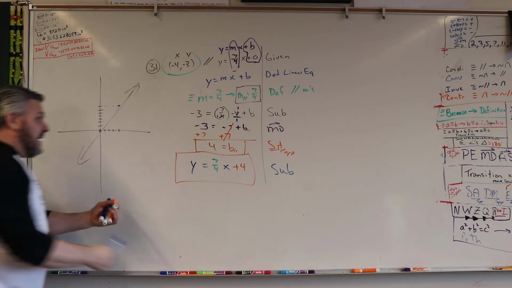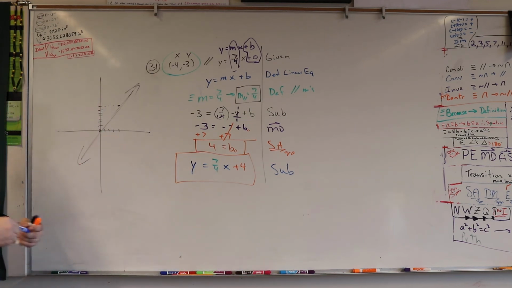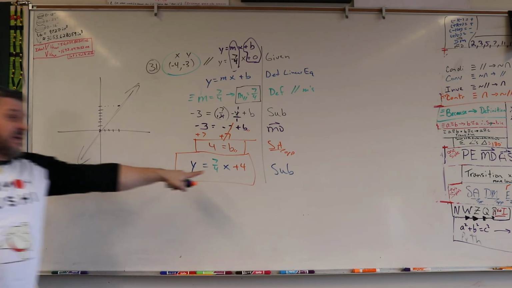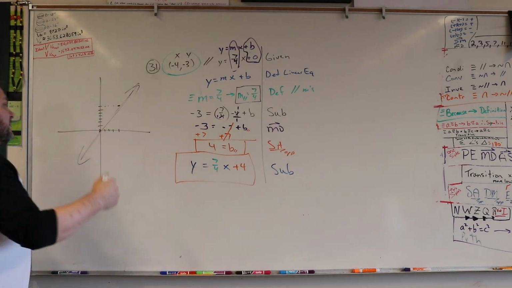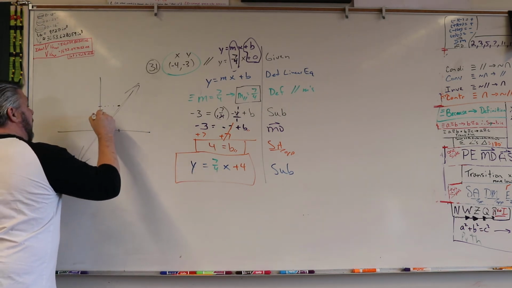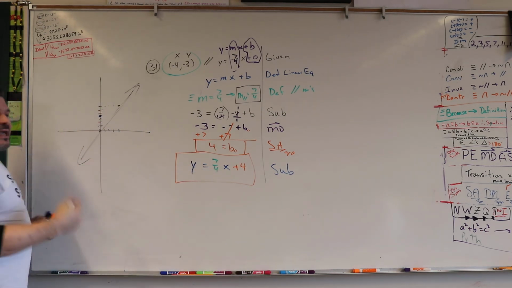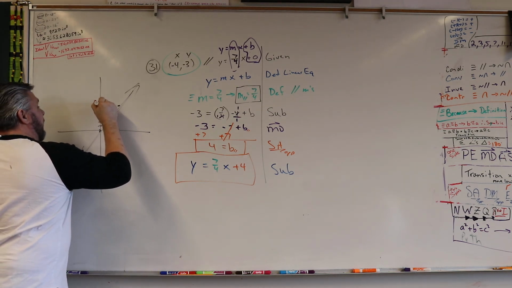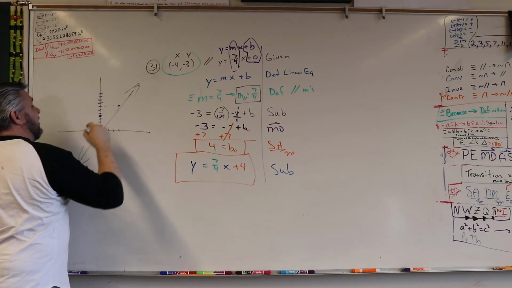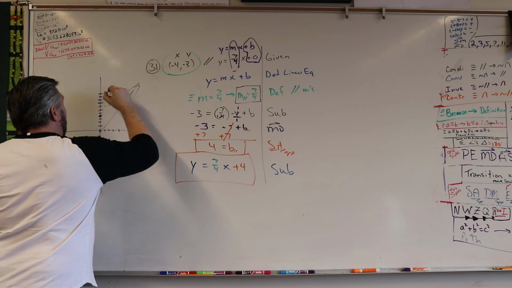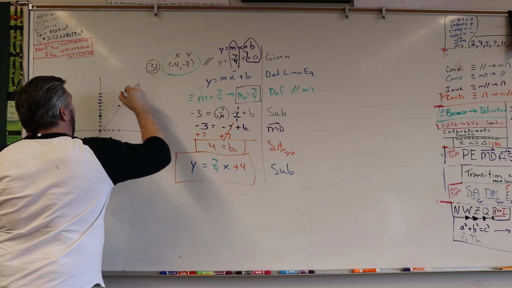The last line still goes up 7 and over 4, but it starts at a different point. It starts at 1, 2, 3, 4. It starts right here. Then it goes up 1, 2, 3, 4, 5, 6, 7, and then it goes over 1, 2, 3, and 4, right?